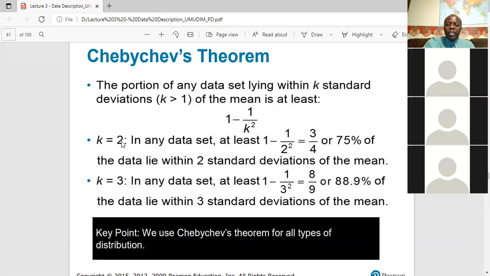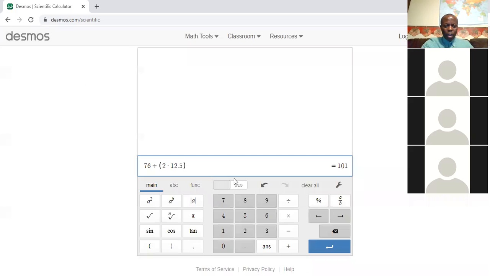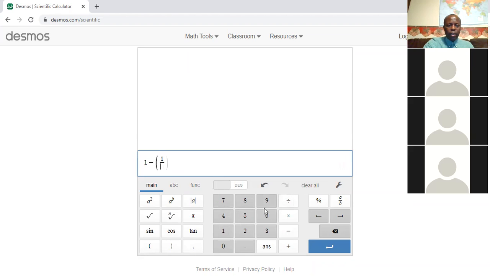When K is 2, according to Chebyshev, it will be 1 minus 1 over K squared, which is 2 squared this time.